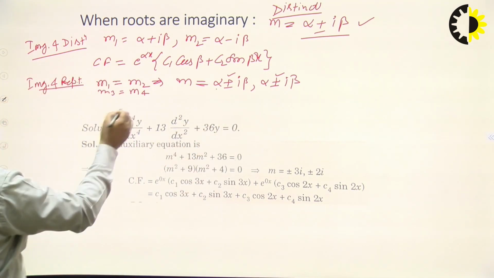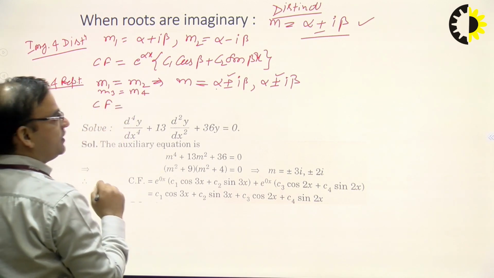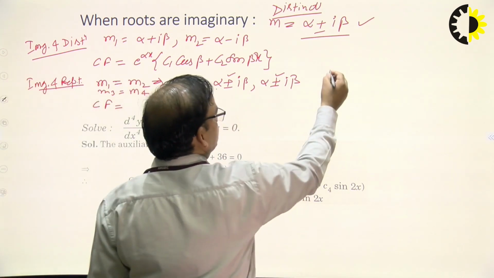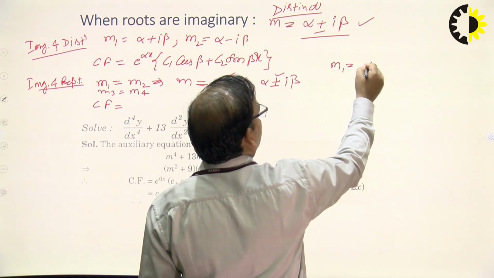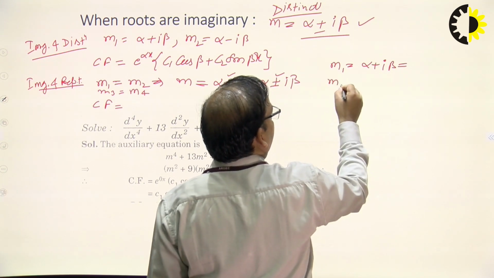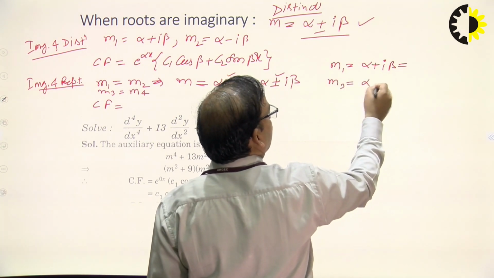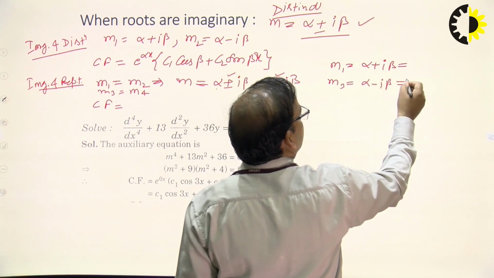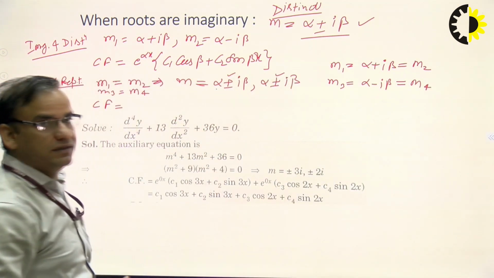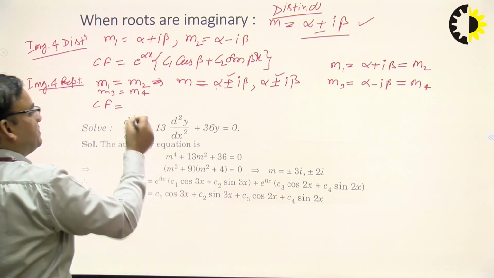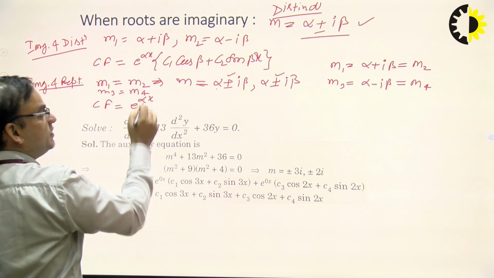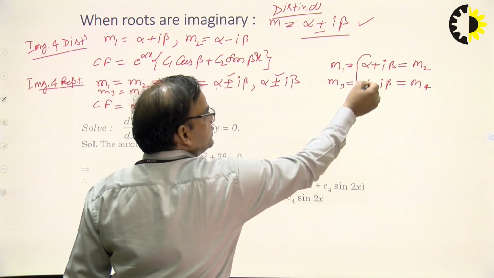In this case we have to write the CF as, let me write it in detail. If we take the positive roots, suppose m1 is equal to alpha plus i beta and m3 is equal to alpha minus i beta, and m2 and m4 are the same. After writing these four roots separately, we have e raised to the power alpha x, which is the common real part of these roots.